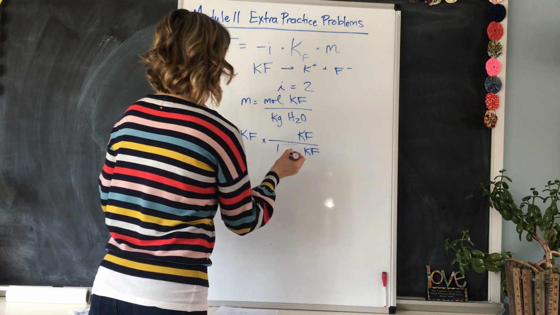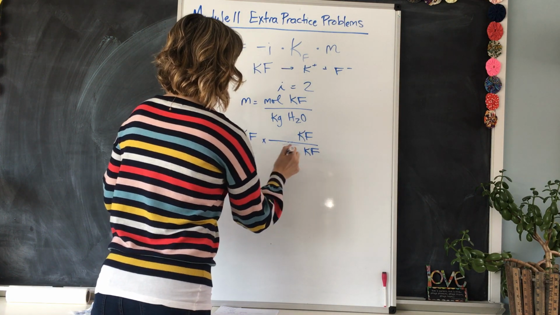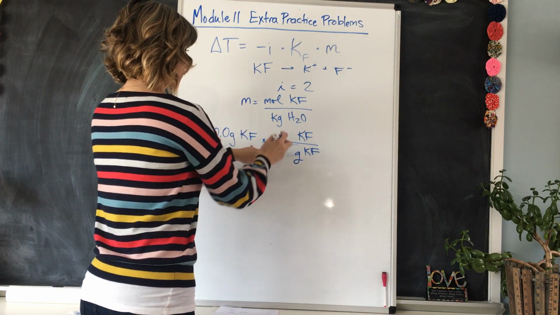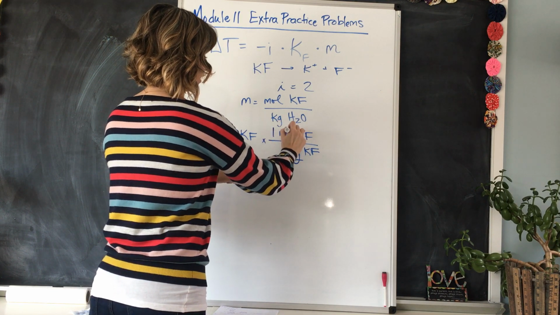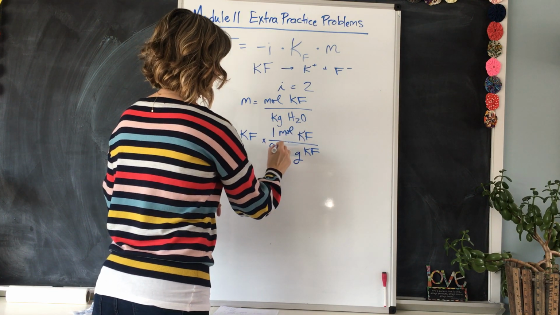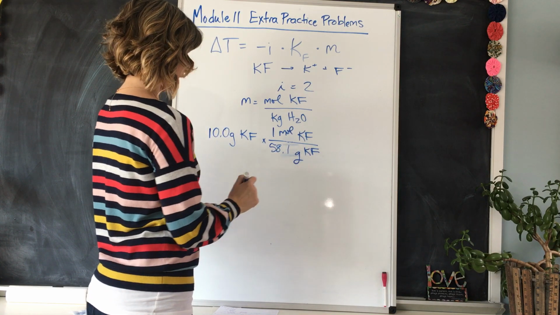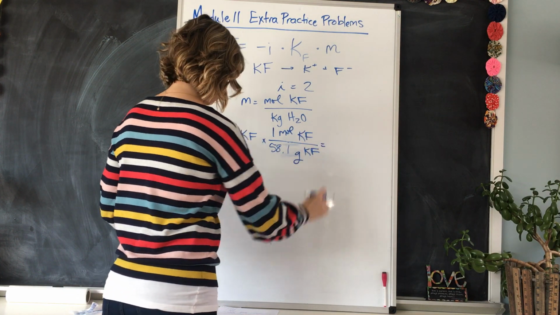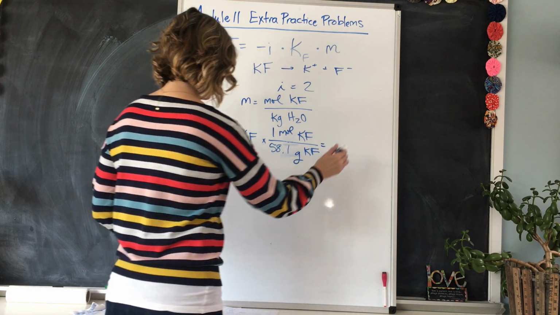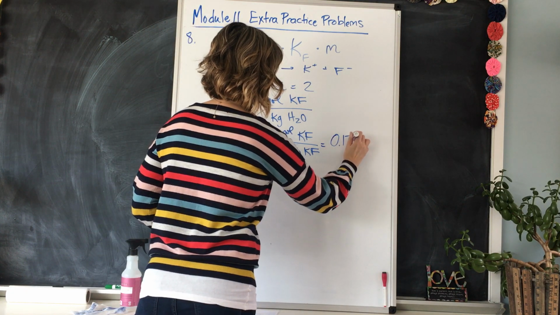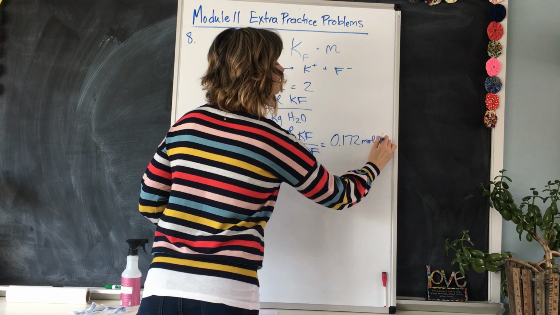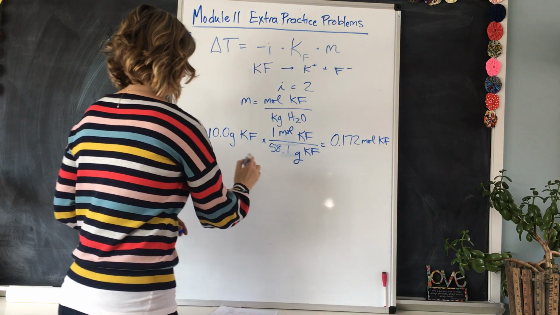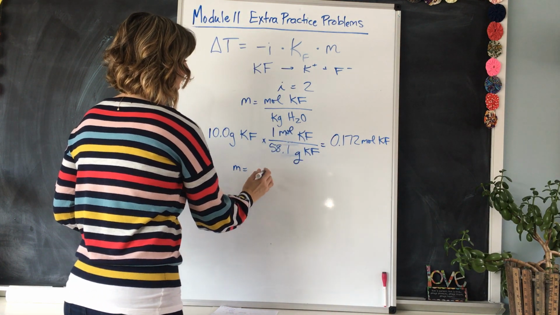That's a good little check right there. For every 1 mole of KF, I would have 58.1 grams of KF. So I'm going to do 10 divided by 58.1, and I will get 0.172 moles of KF.